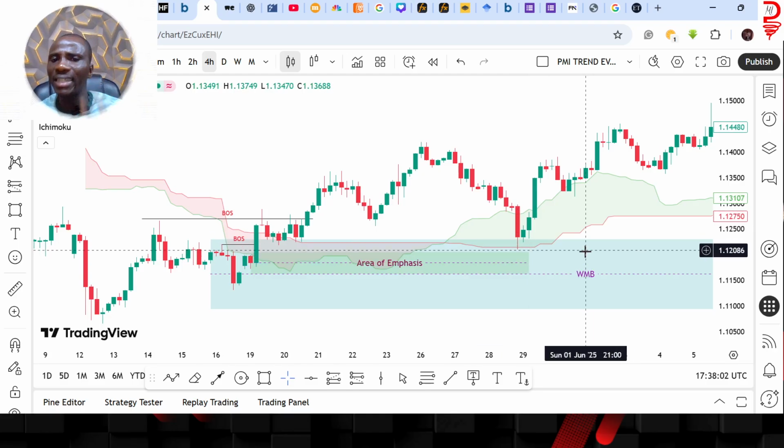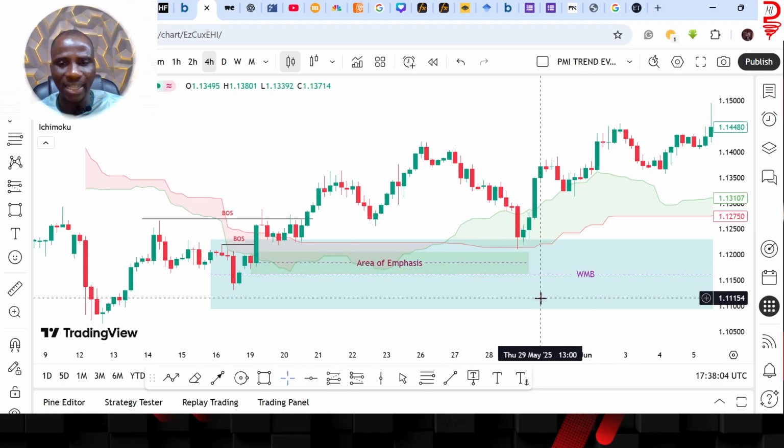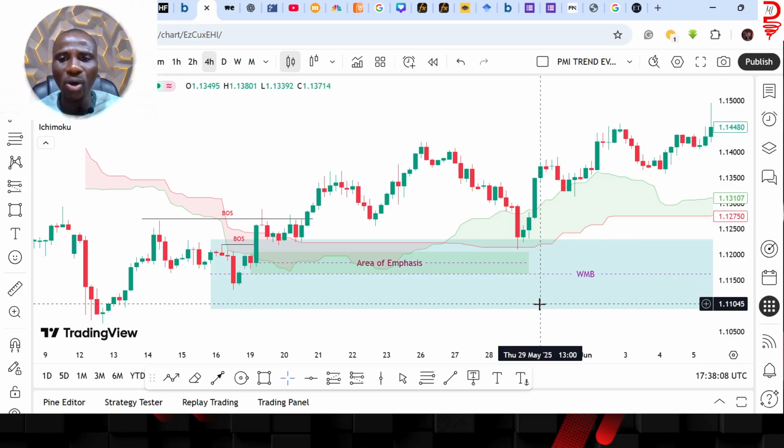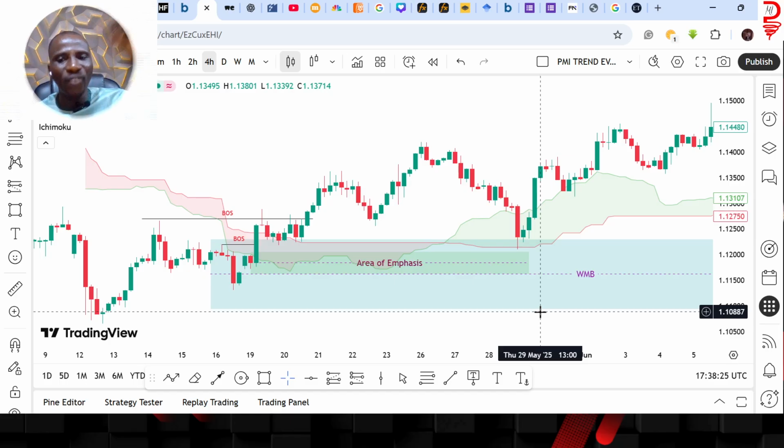Listen to this. This is not the entry box yet, but I want you to understand these two concepts. The money box is an area of an engulfing move or an order block that has enough liquidity that can generate an impulsive wave. Now, within the money box, you have what we call the area of emphasis.